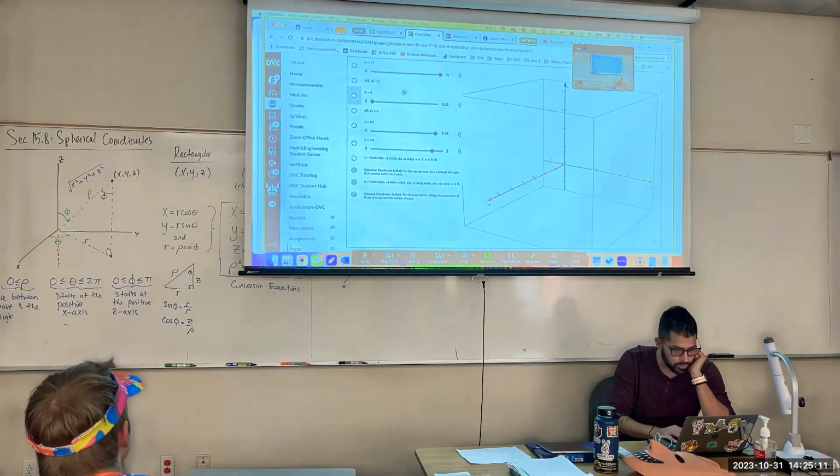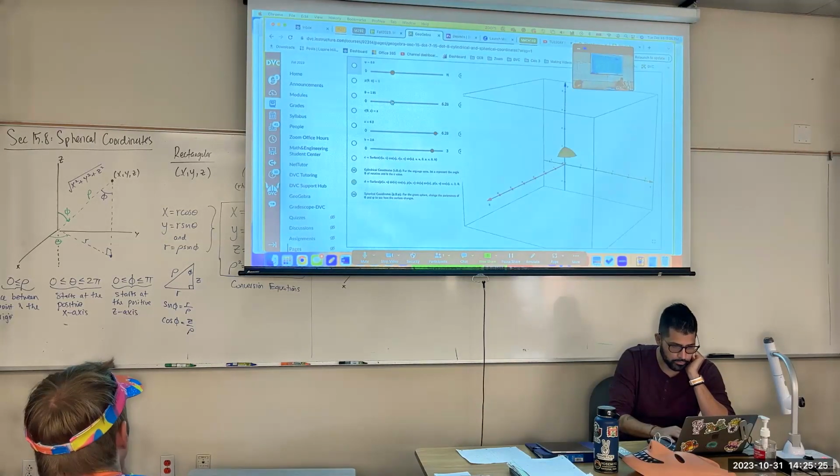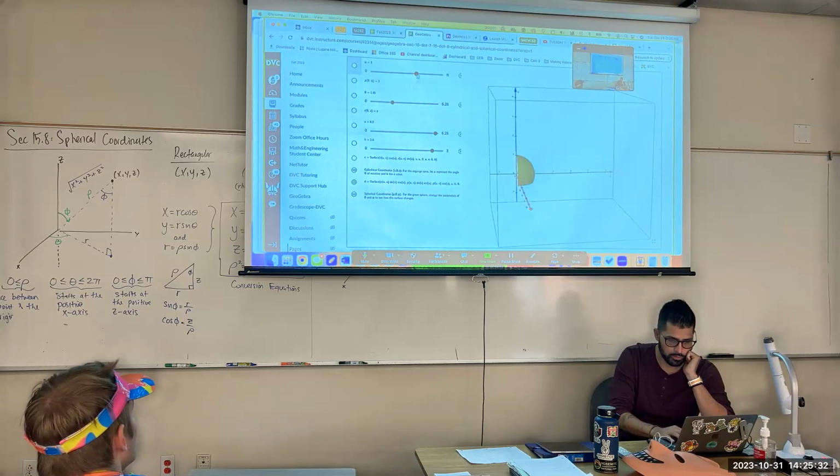Let me make all these zero. I rotate theta, right? Oh, let's say phi is pi over 2. Let's say it's like right here, pi over 2. Let me go halfway. Okay.